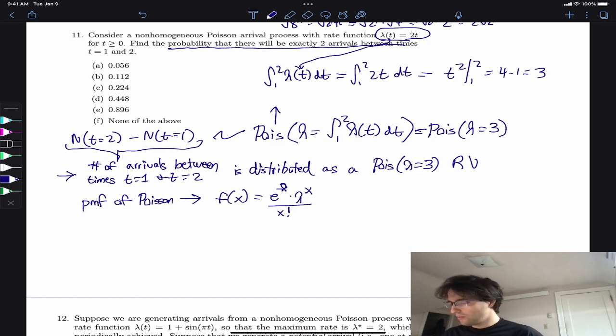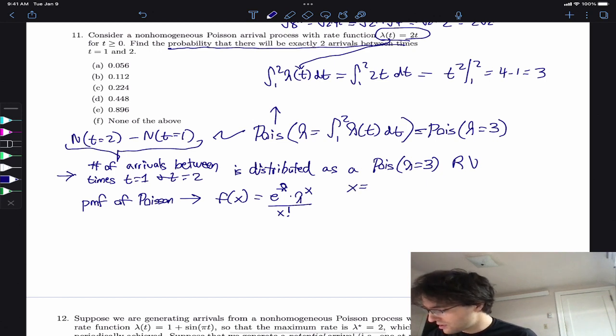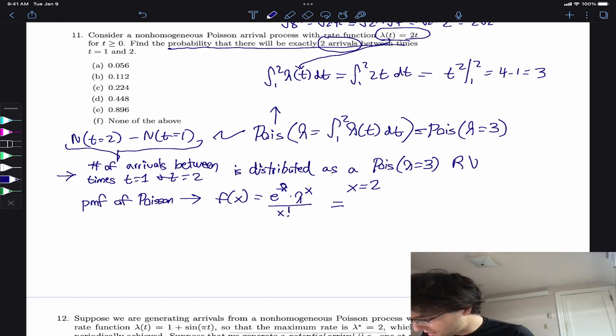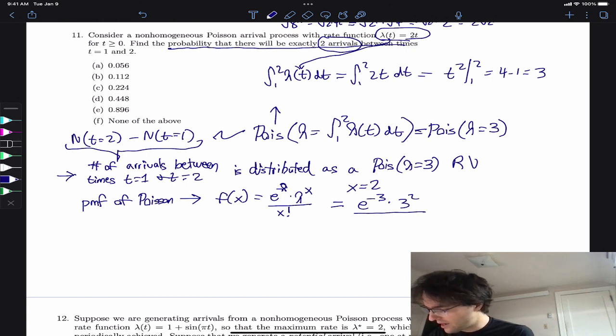And so at this point, we just plug in. We know that lambda is equal to 3, and x is 2, because we want exactly 2 arrivals. So we want f of 2. Plugging in, you have e to the minus 3 times 3 to the power of 2, divided by 2 factorial, which is just 2.